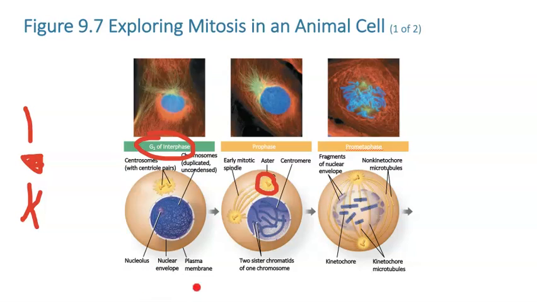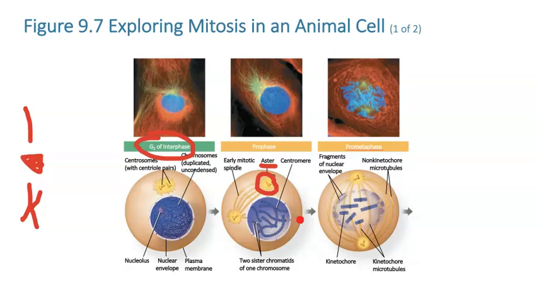You don't see that word on here right now, but you do see the word aster. So what we have here are two centrosomes with their aster structures. We have these things called mitotic spindles. And what's happening is these centrosomes are starting to move to opposite sides of the cell. They're just starting that process.